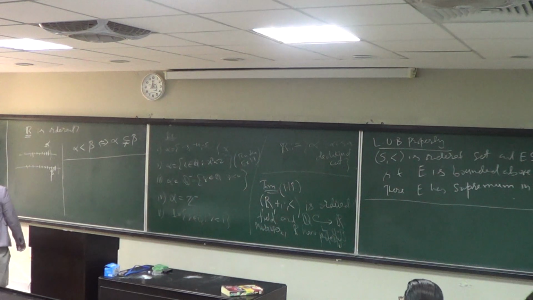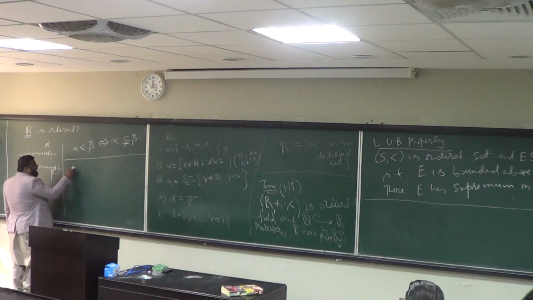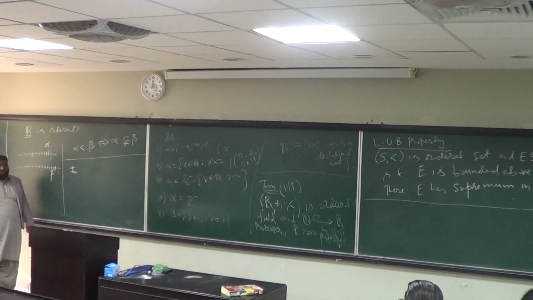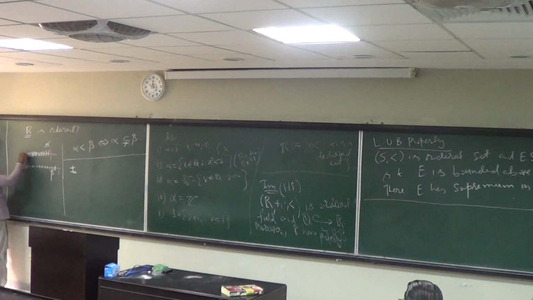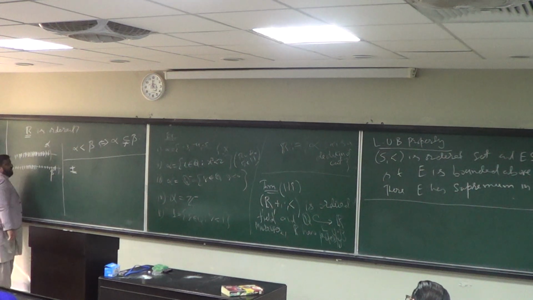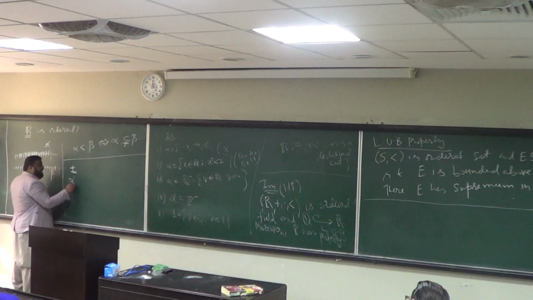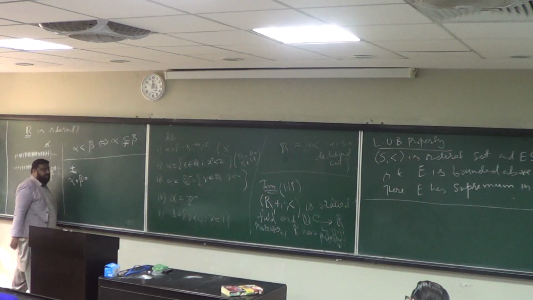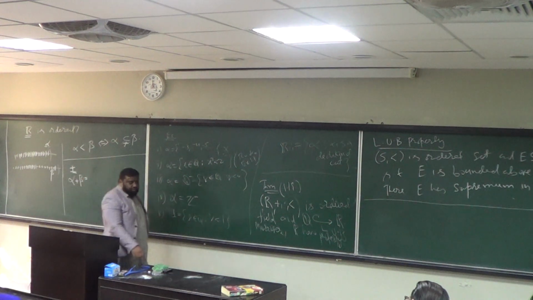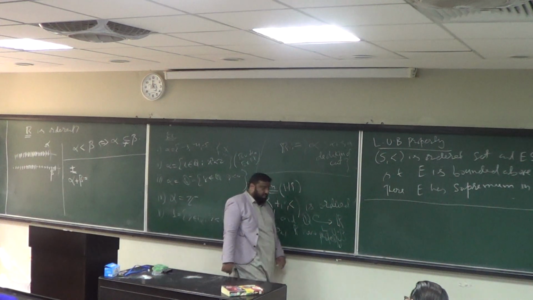So let's define a plus actually. I have a cut alpha, and another cut, which is beta. Then I would like to define what should be the meaning of alpha plus beta. What should be the meaning of adding these two subsets of rational numbers?